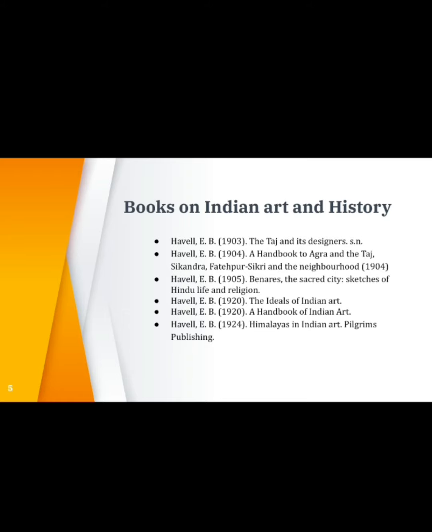These are some of the books written by Havell on Indian art and history.